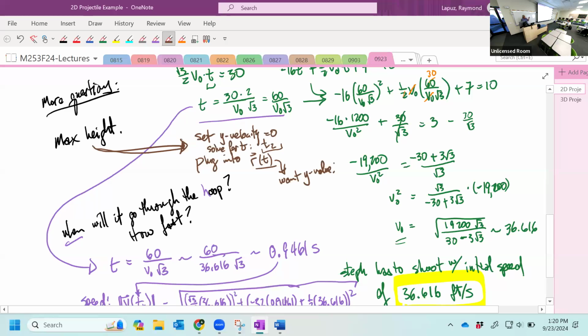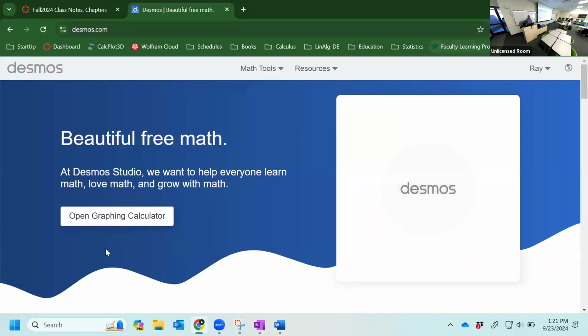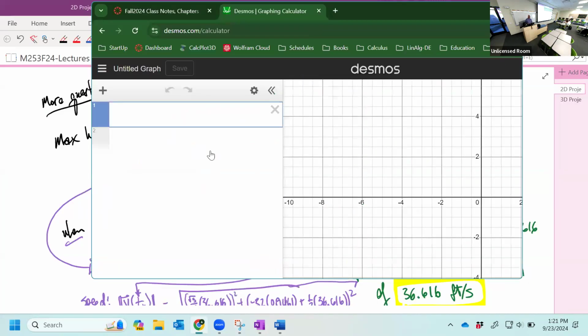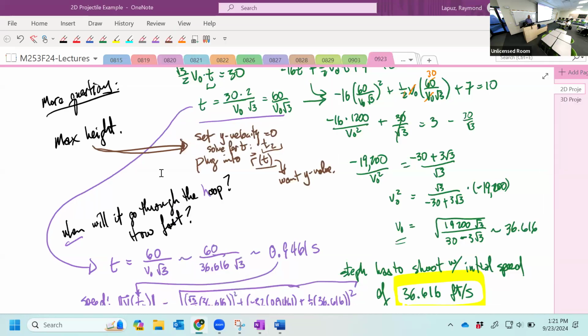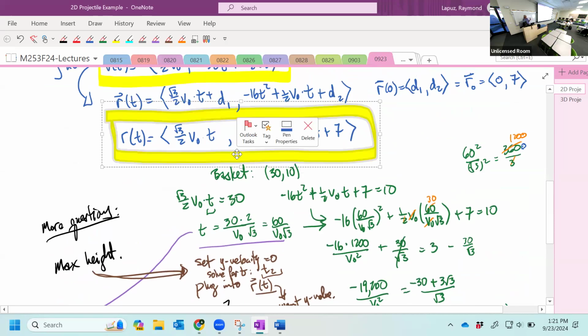Okay, that's it. Now, I won't do it algebraically, but let's take a look at the graph of this, because we can. And let's first set this up with the position function, because that's what we want to see, with some random v naught that we don't know yet.